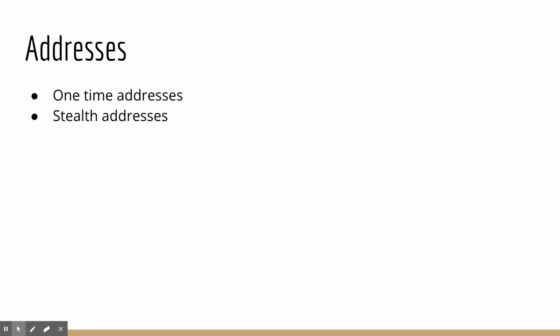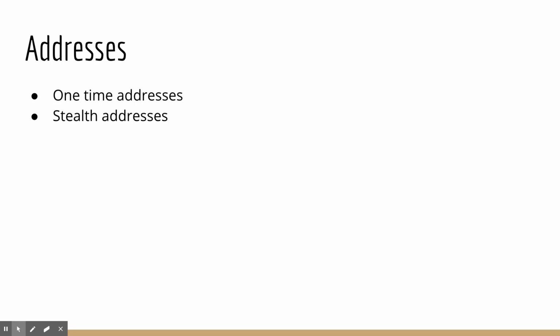One-time addresses are very simple addresses which are only used once and never used again. That's all there is to it. It's very much possible in private blockchains and also in public blockchains, where you can split the money into multiple accounts and only use them once. And stealth addresses allow and require the sender to create random one-time addresses for every transaction on behalf of the recipient.